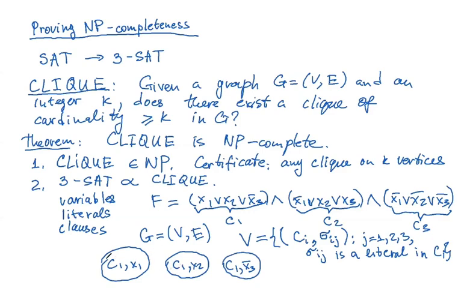So we have these three vertices corresponding to this first clause. And similarly, we'll have three vertices in our graph corresponding to each clause. So if we have m clauses, then we'll have three vertices for each clause, so it's going to be 3m vertices.